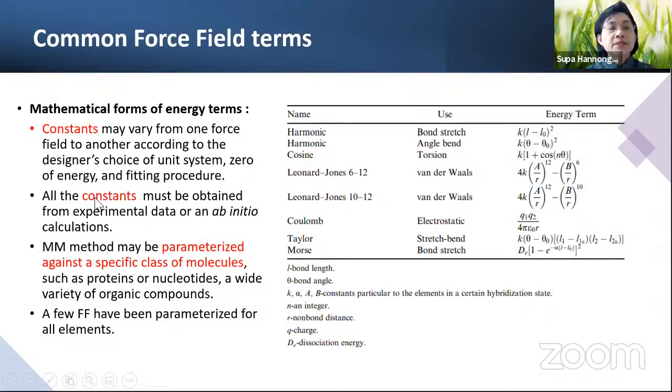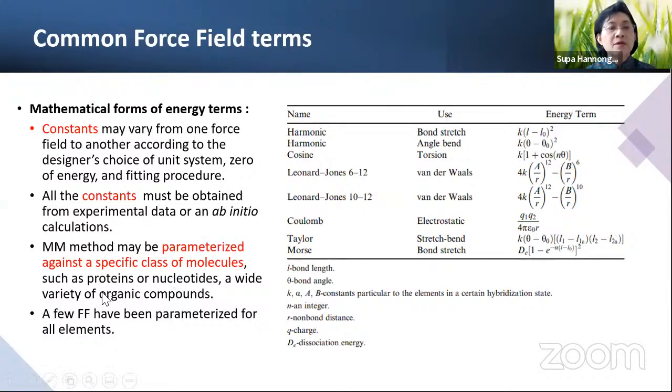And you may remember that the constants come from experimental data or ab initio calculations. Okay. Most of the molecular mechanics methods up to now have been developed and parameterized against a specific class of molecules, which I will show you later.